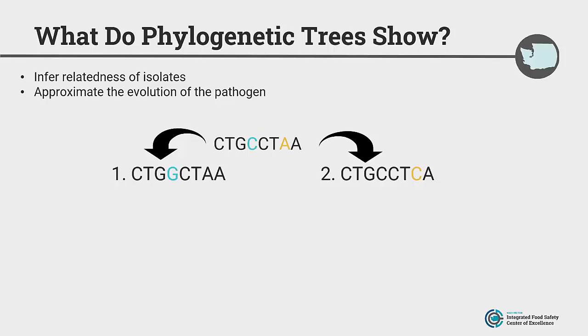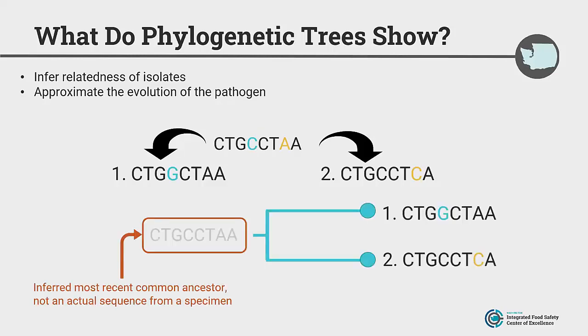We can see that everybody starts with CTG, but in that 4th position, our ancestor sequence goes from a C to a G to get from the ancestor to sequence 1. And then to go from the ancestor sequence to sequence 2, it also changes by 1 nucleotide, this time going from an A to a C. So the theoretical sequence that we put up above our 2 sequences only takes 1 mutation or nucleotide change to get either to sequence 1 or to sequence 2.